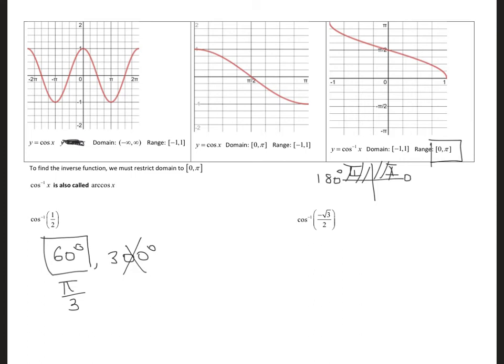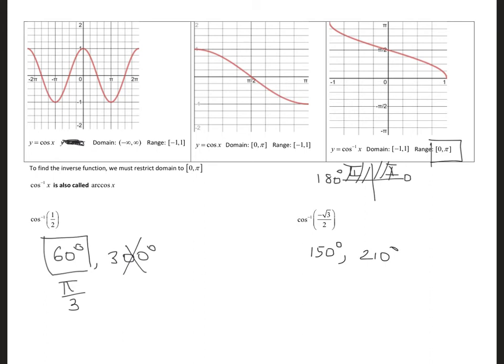Let's go to the next one. We are looking at cosine inverse of negative square root of 3 over 2. This is going to be in quadrant 2, 150 degrees. I'm going to write all the possibilities. 150 degrees, and it's also in quadrant 3, which is 210 degrees.